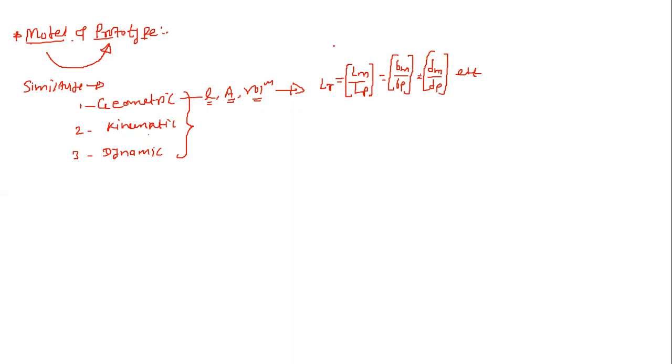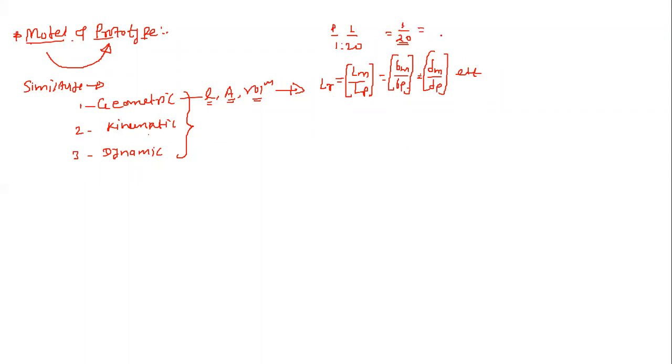For example, if you use a length scale ratio of 1:20, meaning the actual dam has a length of 20 meters, then the model has a length of 1 meter. Then we adopt the same scale for its width also: the actual dam width will be 20 meters, and the width of the model will be 1 meter.